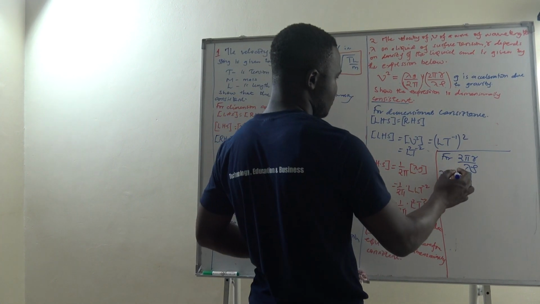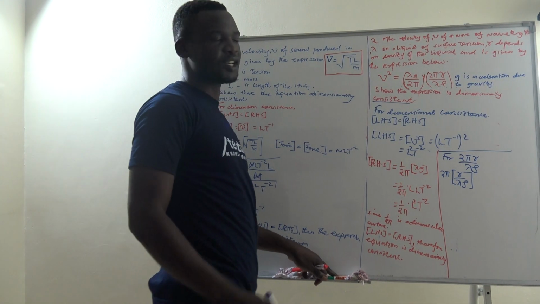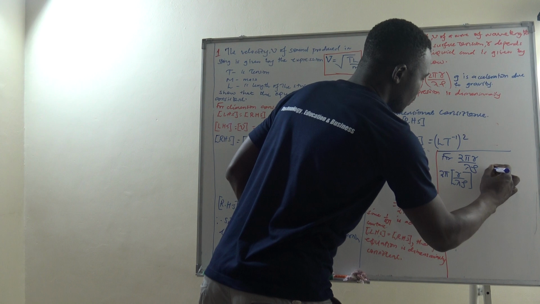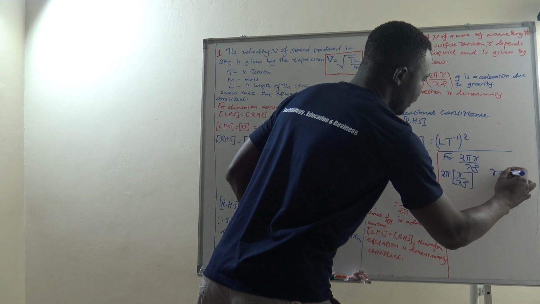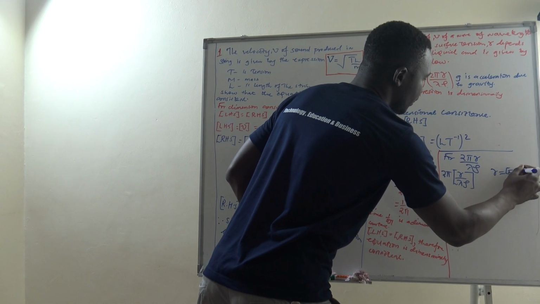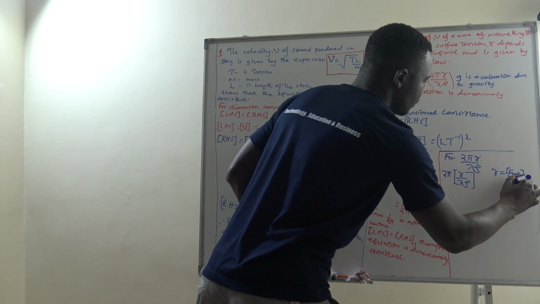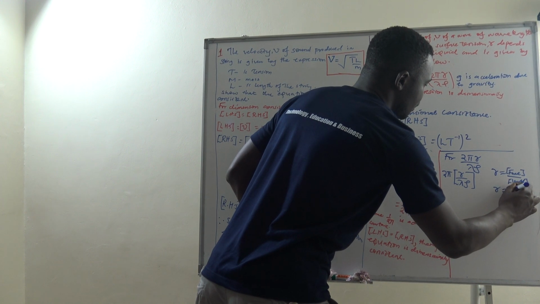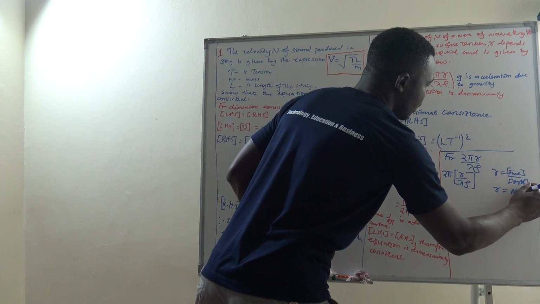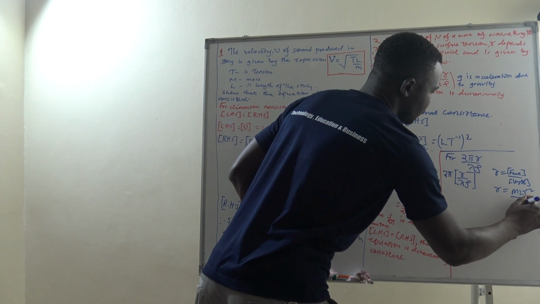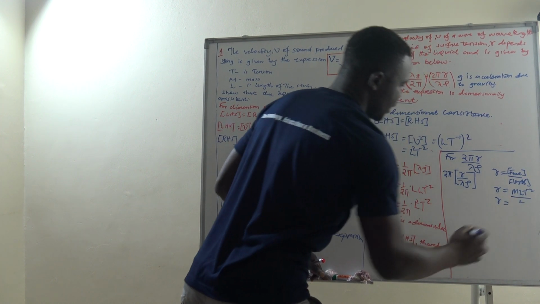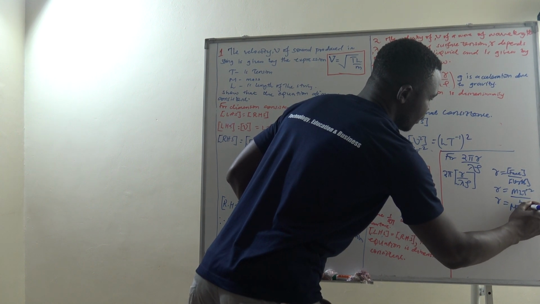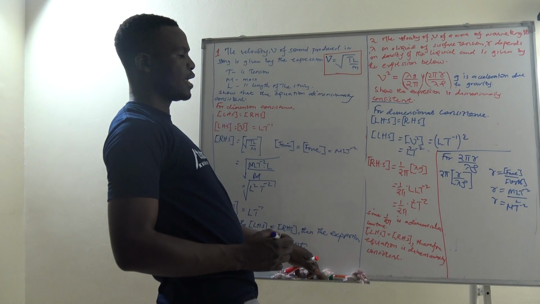We know that gamma is surface tension, and surface tension is a force per unit length. So, the dimensions of gamma are equal to the dimensions of force divided by the dimensions of length. Therefore, my gamma is equal to mL per t squared out of L. Therefore, the dimensions of gamma are m per t squared.